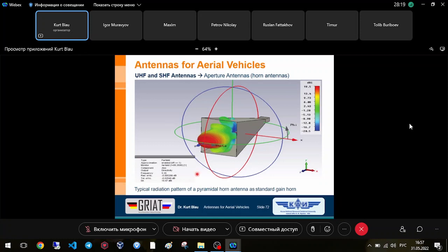What is important from my point of view, if you realize such an antenna after calculation, you can directly use this antenna as a so-called gain standard, as an element which has a defined gain.